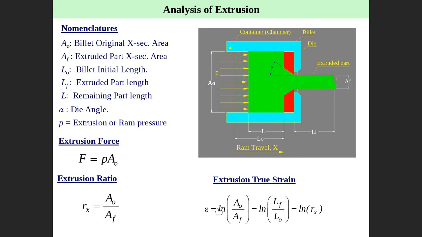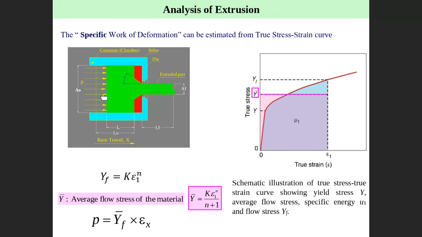True strain equal to ln AO divided by AF, which is proportional to length also, ln LF divided by LO, which is ln Rx. This is Rx, AO divided by AF, the extrusion ratio. So this is a true strain value, and it can be obtained in this way, right?